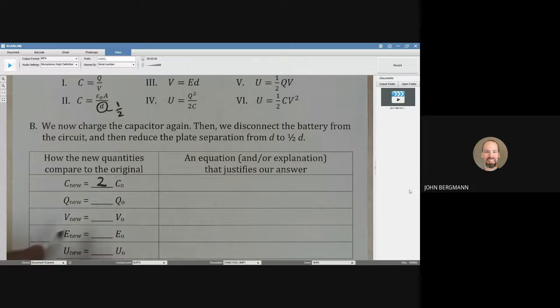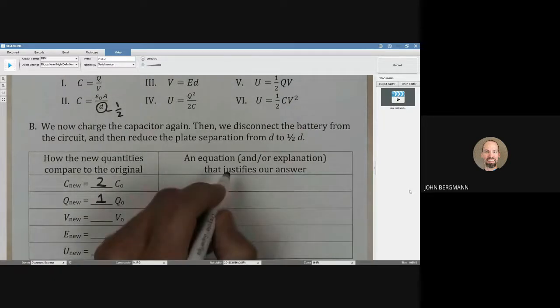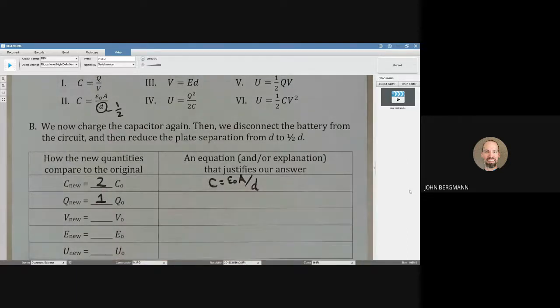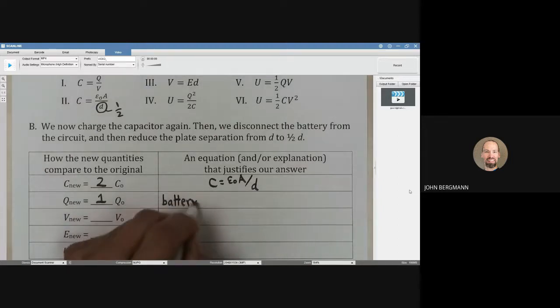This time the charge has to stay the same. Oh, let's put our little justification here. That's our justification. This time it's the charge that stays the same, and that's because the battery has been disconnected.